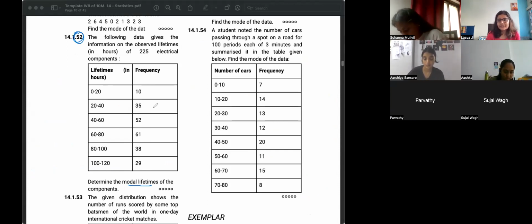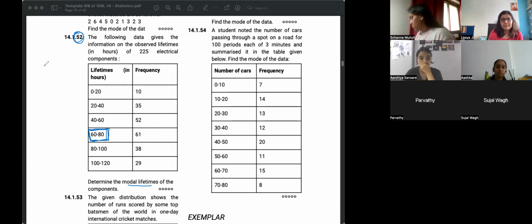So from this table, which is the modal class? So maximum frequency is 60 to 80. 61 is maximum, right? So this is the modal class. So once you got this, problem is done.